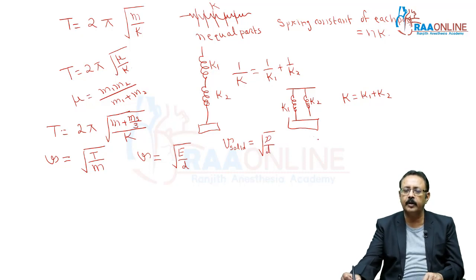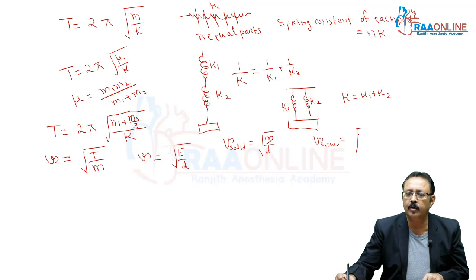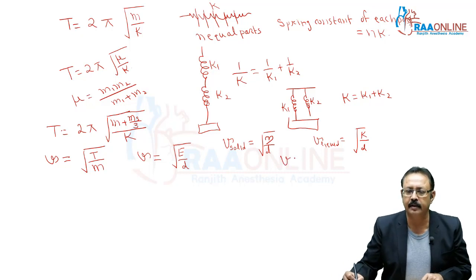If you are talking about liquids, put bulk modulus in place of E. When we are talking about gases, gases have two types of elasticity, but put E phi upon D.